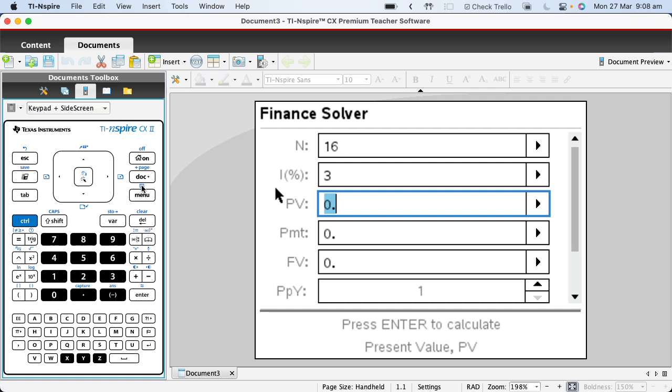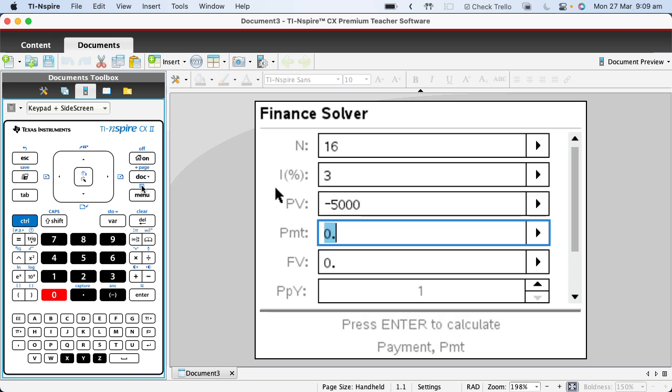Now, the present value is that I'm giving $5,000 to the bank to hold onto. So the present value is actually negative 5,000. I've given over $5,000. The payment, we're going to leave blank.